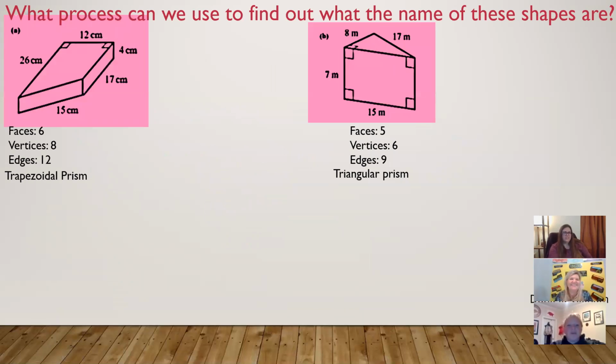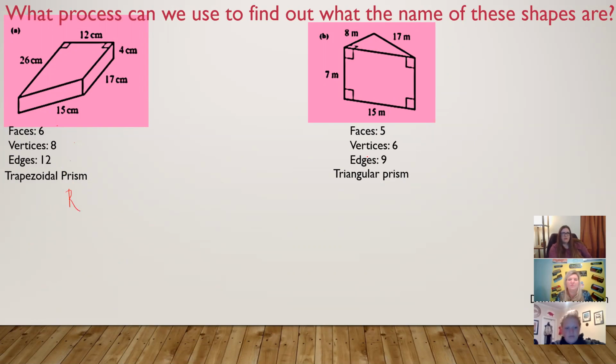What process can we use to find out the name of these shapes, Miss Danielle? Just to find the name of these shapes, if you don't really know what it is, you count the faces, the vertices, and the edges. A 3D shape with 6 faces, 8 vertices, and 12 edges is going to give you a right trapezoidal prism.